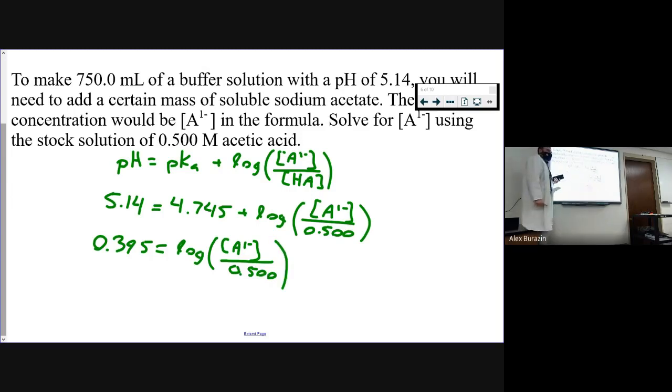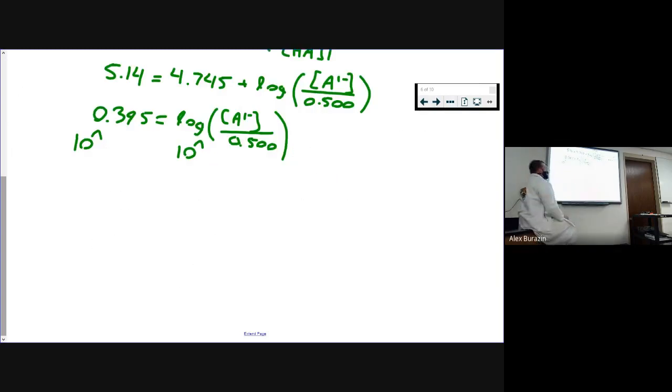Now let's get rid of that log. How do I get rid of that? Ten to the power of both sides. What happens over here then is the 10 and the log just cancel out, and I'm left with just what's inside that parentheses. On the left-hand side, that's just a numerical process, so I'll just get a number.